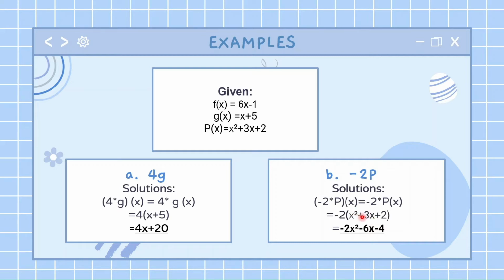So positive 3 times negative 2 is 6, and we have here the x, so copy that. So negative 6x. Then lastly, we have here positive 2. Negative 2 times 2, what do you get? Negative times positive is negative, so you get negative 4. So the final answer to negative 2 times x squared plus 3x plus 2 is negative 2x squared minus 6x minus 4.